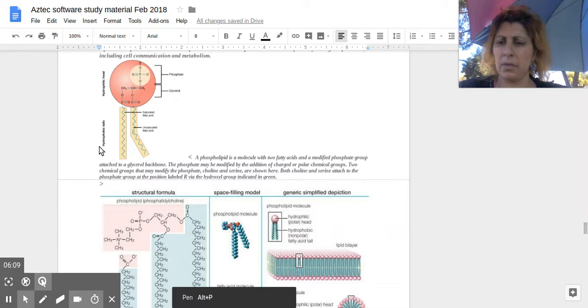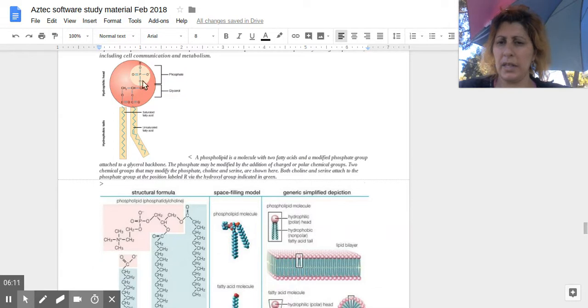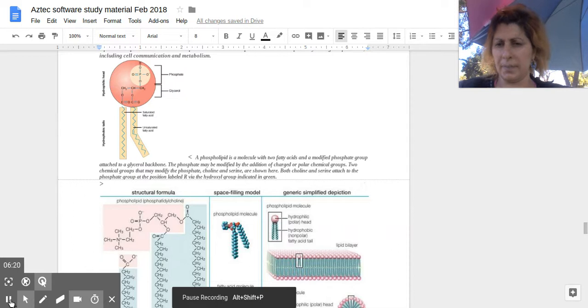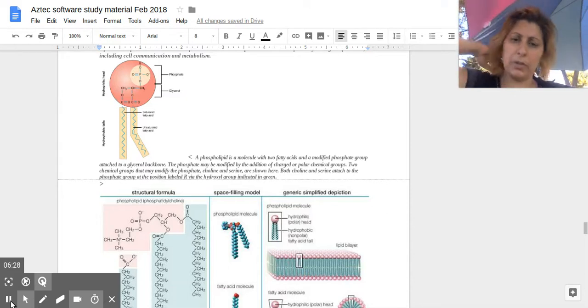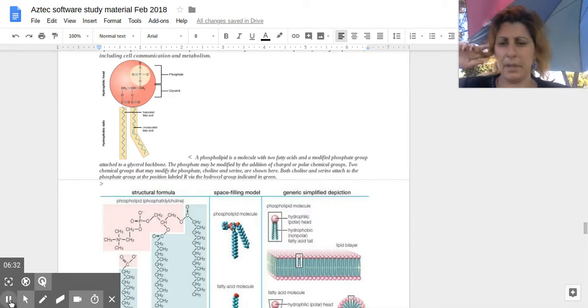Again, showing the phospholipid molecule with the phosphate, the glycerol, and the saturated as well as unsaturated fatty acid tails. The phosphate may be modified, or is modified, by charged or polar chemical groups, such as alcohol groups in the phospholipid molecule.